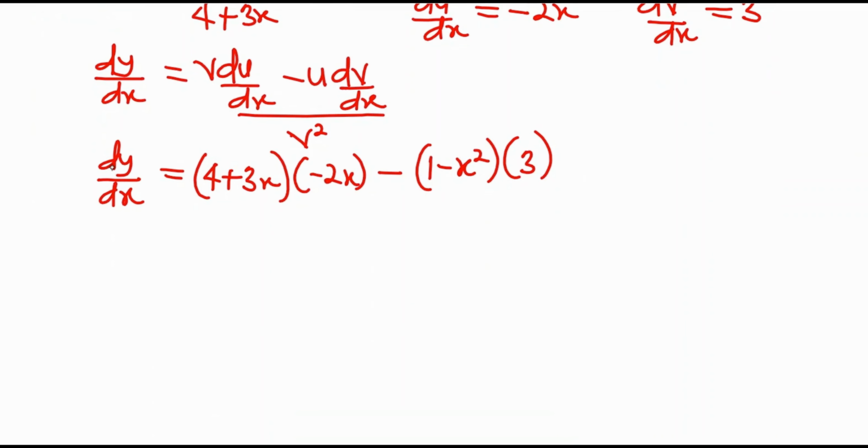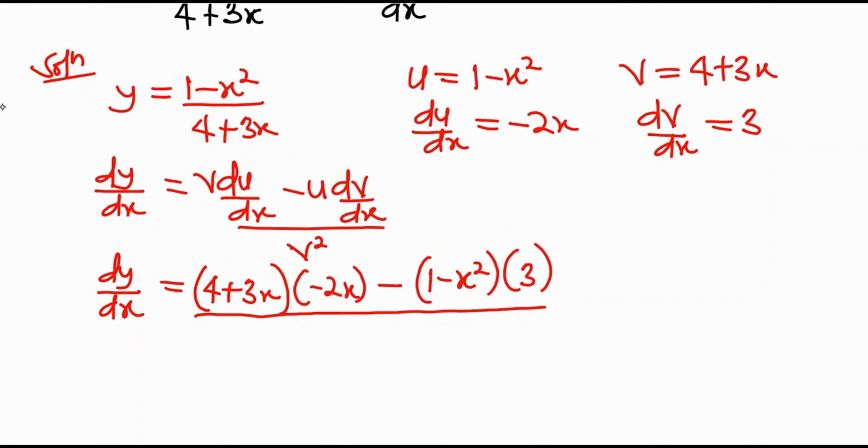Now we continue by dividing everything by v squared, and then we know v to be 4 plus 3x, so that gives us 4 plus 3x all squared.